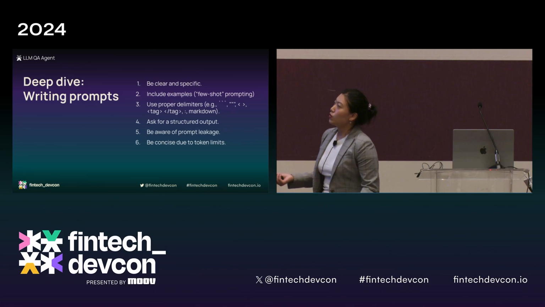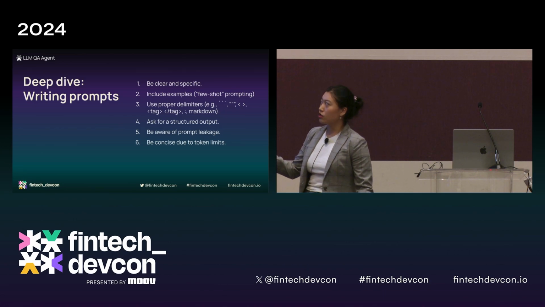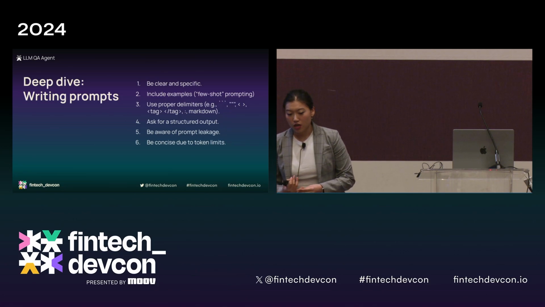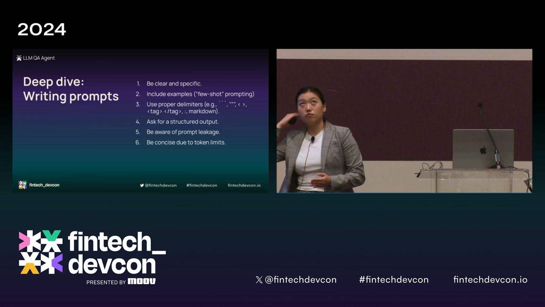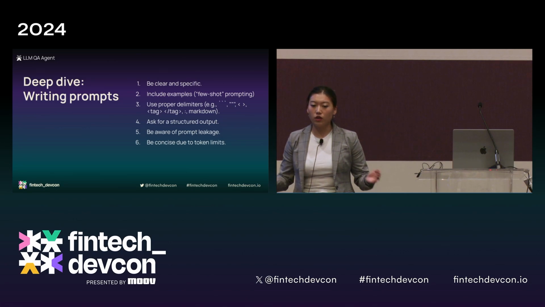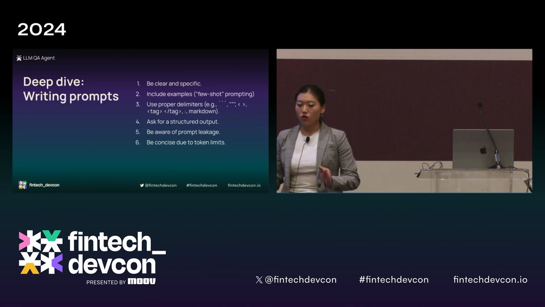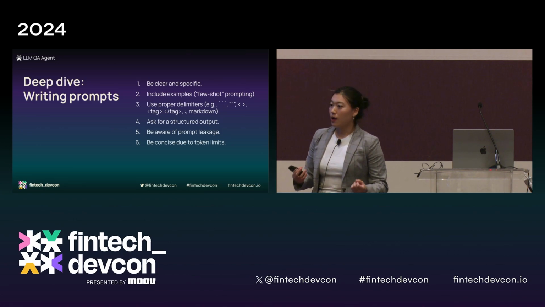All right. The fourth one is always ask for a structured output. We'll touch on that later. The fifth one is to be aware of prompt leakage. What is prompt leakage? Basically, whatever you put in your prompt, it is likely that other people who are using this agent will get that information from your system prompt.